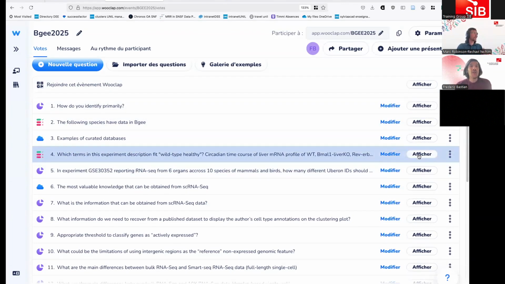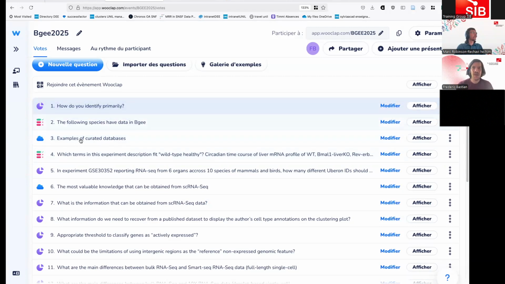Yes, so actually we collaborate with a group that participated in the annotation of the fly cell atlas. So we updated the annotation together, and now they have reported these updates back to the fly cell atlas and also to cell by gene, where you can access and visualize the clustering and the cell type.